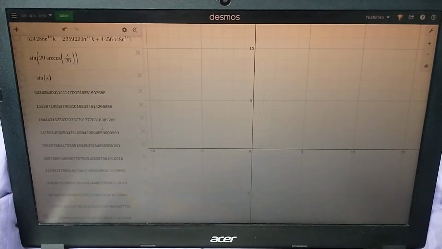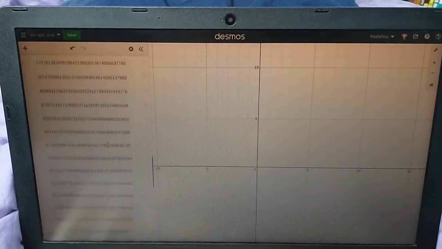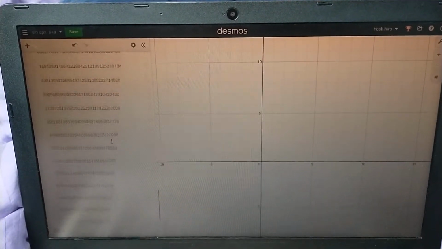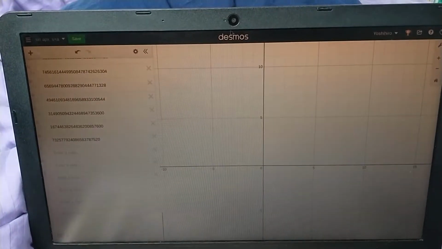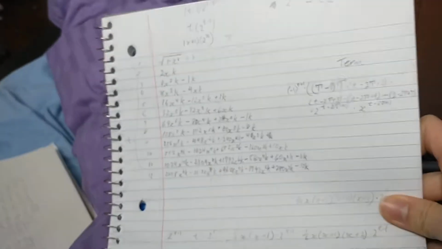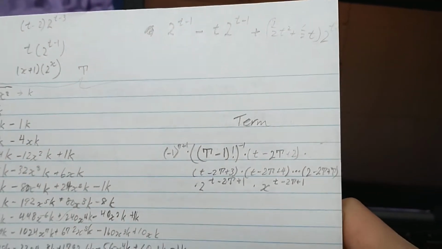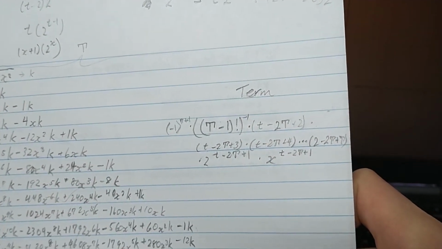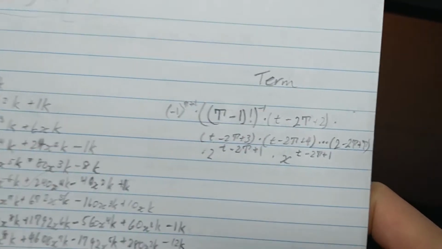So what I decided to do was do a little bit of data collecting. So on this notebook here, I studied it a little bit, and I came up with sort of a rule for it. Which, honestly, I don't even use this rule because that's for each specific term.